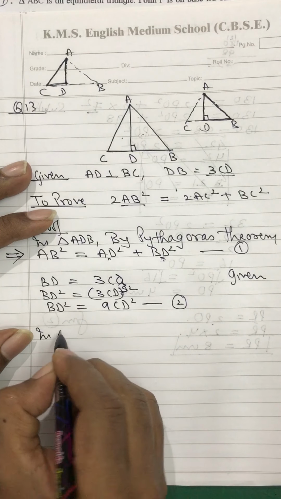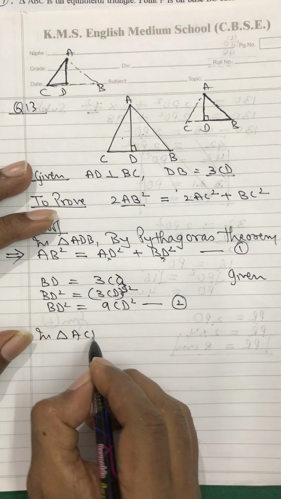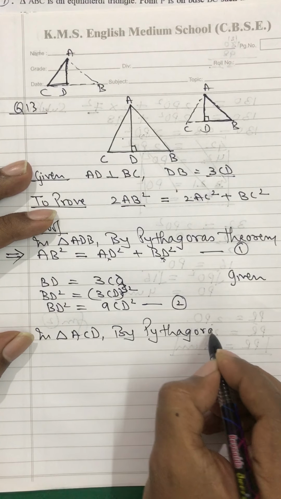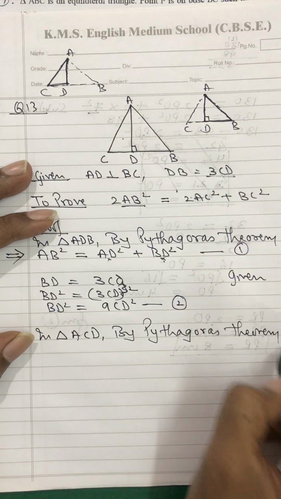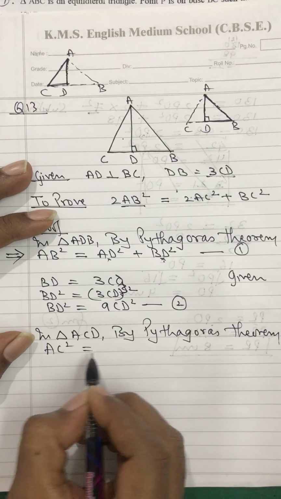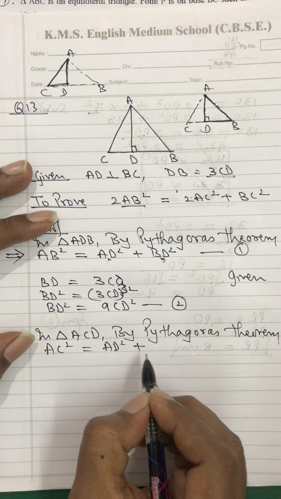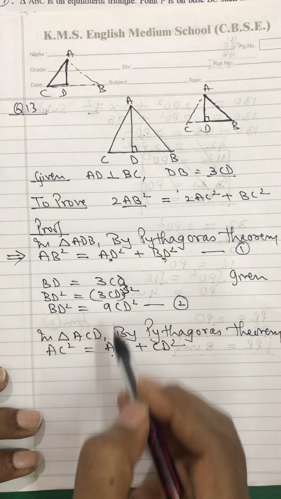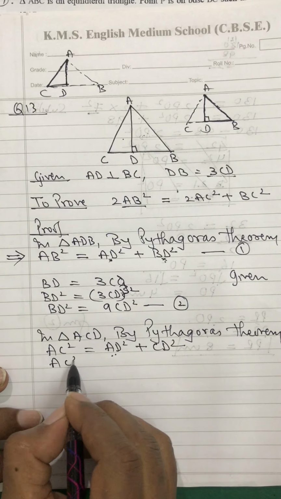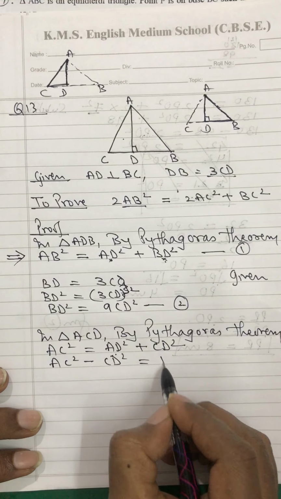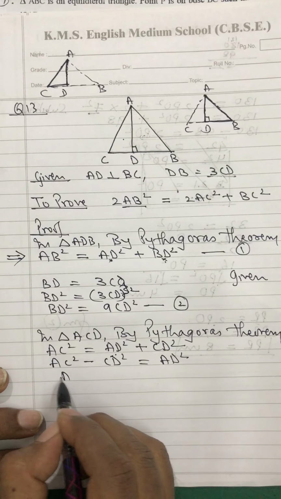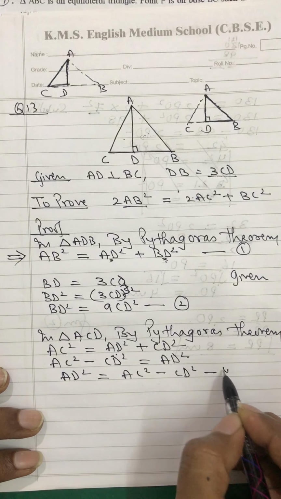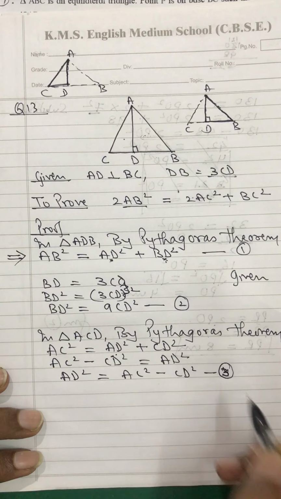So in triangle ACD by Pythagoras theorem, I get AC square is equal to AD square plus CD square. But I want AD square. So CD square will be shifted on the other side. I will get AC square minus CD square is equal to AD square. That means AD square is equal to AC square minus CD square. This is my third point. Fine.